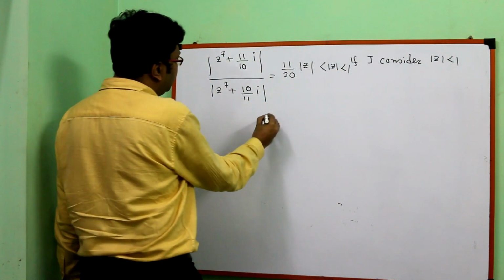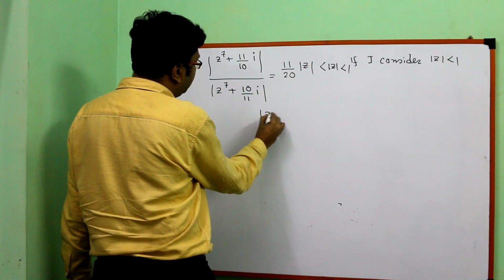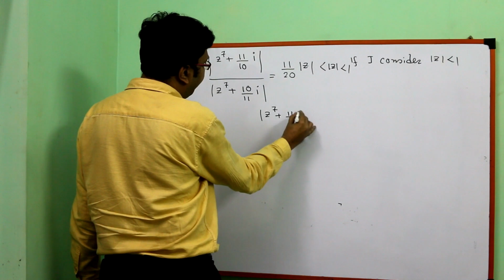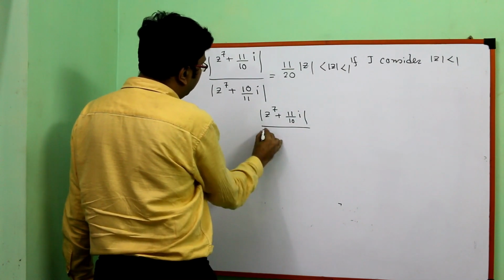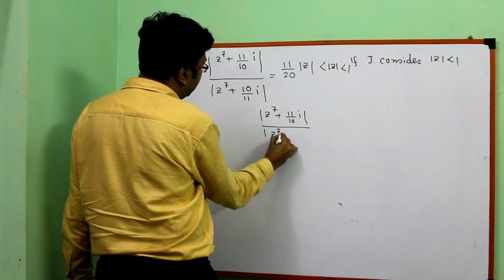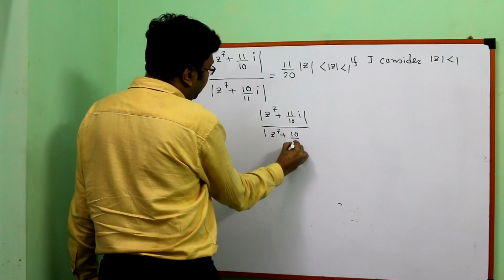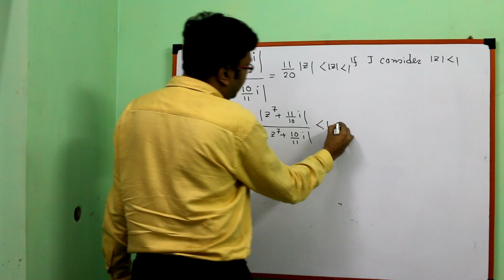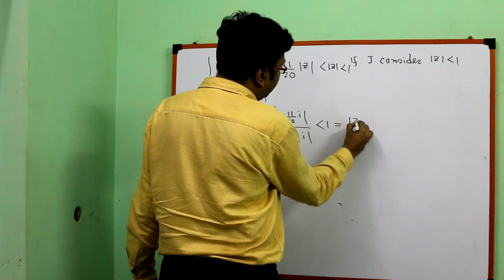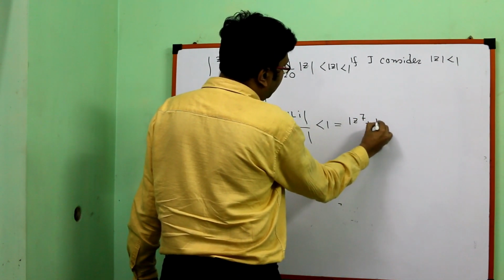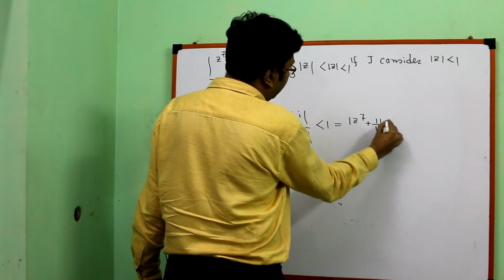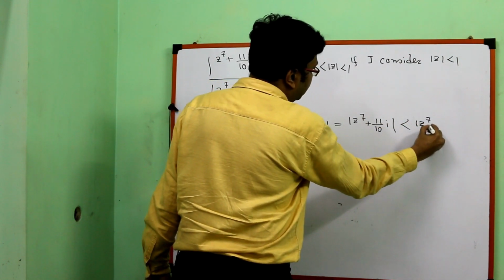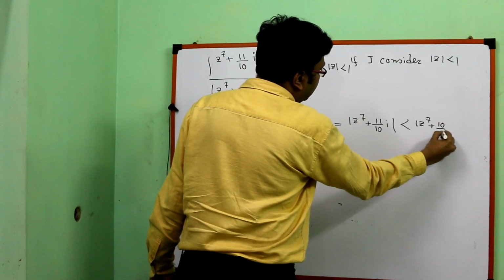Hence we have an inequality which is mod z to the power 7 plus 11 by 10i by mod of z to the power 7 plus 10 by 11i less than 1, and that implies mod of z to the power 7 plus 11 by 10i less than mod of z to the power 7 plus 10 by 11i.